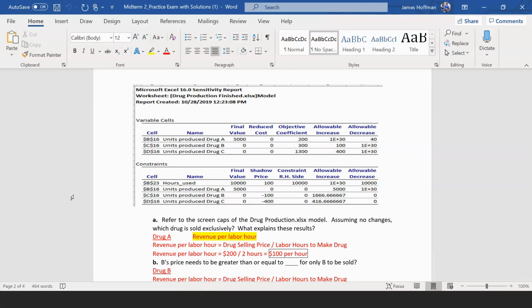Okay, so let's plug in the selling price and the hours it takes to make it, because it must be yielding the highest revenue per labor hour.